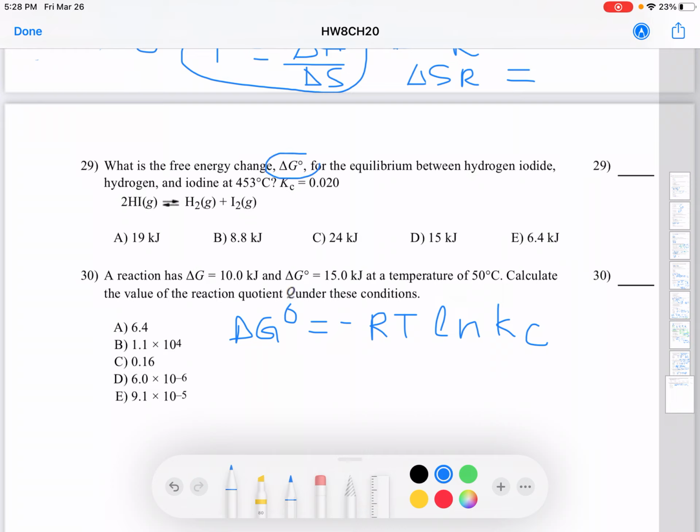We're trying to find out the delta G naught. So negative 8.314, and then the temperature 453 degrees Celsius. Make sure you add 273.